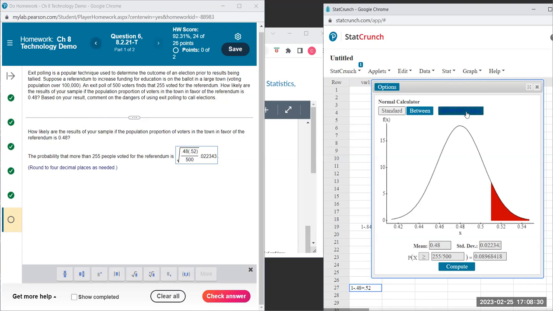So do the tick mark so that my 0.48 shows up in the middle. So this one looks like it's 50 point something percent. But here's the probability, and we want 4 decimal places. So it's like a 9% chance of this happening. You get a result this large, or are people saying yes?